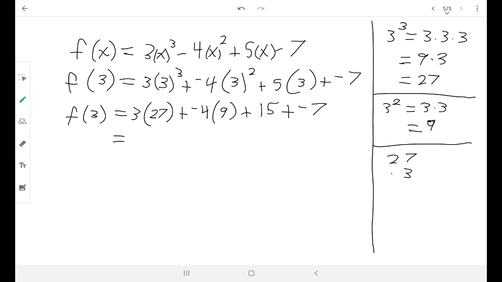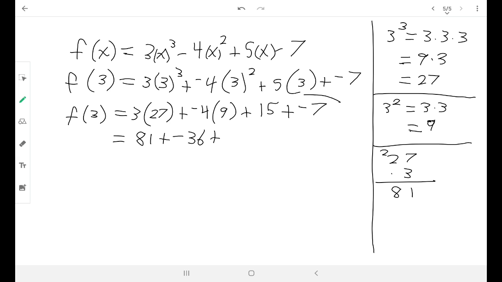If I do 27 times 3, that's 3 times 7 is 21. Carry the 2. 3 times 2 is 6, 7, 8. So that is 81. Plus -4 times 9, negative times positive is negative, and 4 times 9, it turns out, is 36.